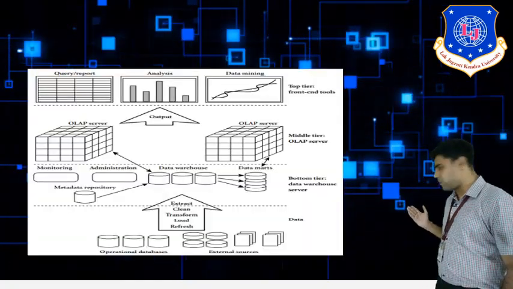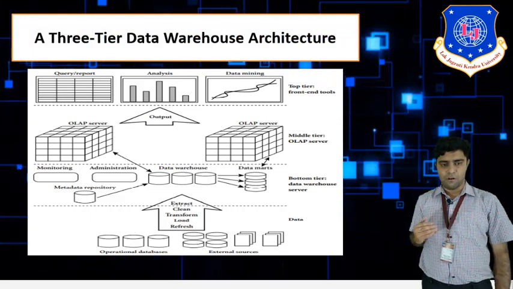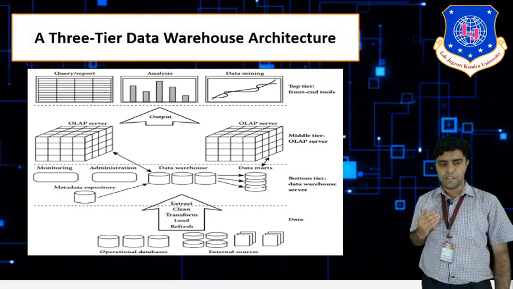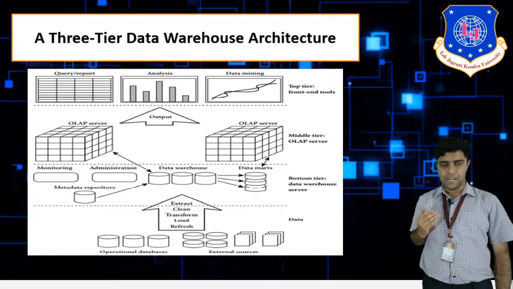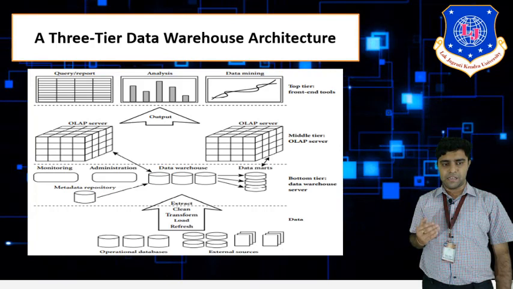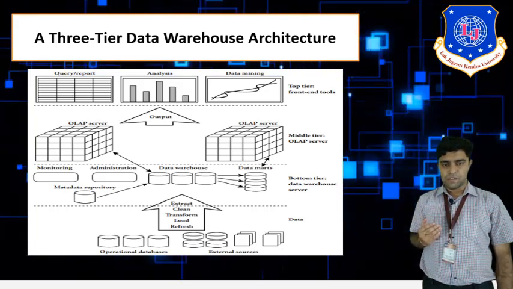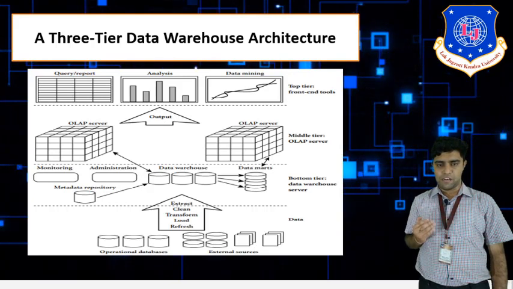As shown in the figure, there are three tiers. In the first layer, that is the bottommost layer, there are different operational databases and external databases. After that, it goes to the middle tier. In the middle tier there are different types of servers as shown in the figure, that is the OLAP servers, scalable servers or middle tier OLAP servers.